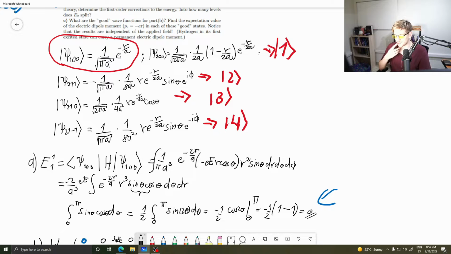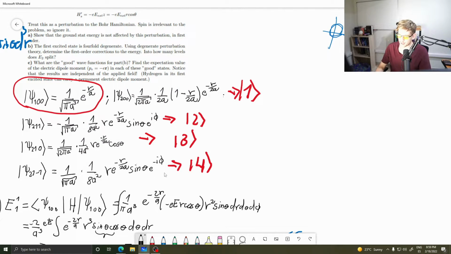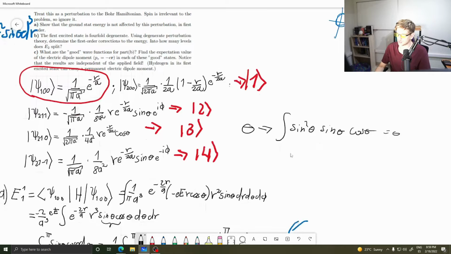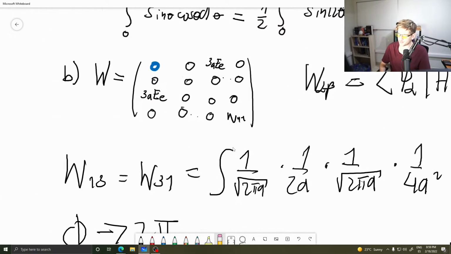So that is not really the way to argue it. So let's take a look at the theta part. So in the theta integral, we would get sine squared, right, from here, and then another sine because of the spherical coordinates, and then the cosine. Once again, sine cubed cosine, 0. Right? We have seen this integral many times before. So W44 also 0. So everything was 0 except for the W13 and W31 terms.